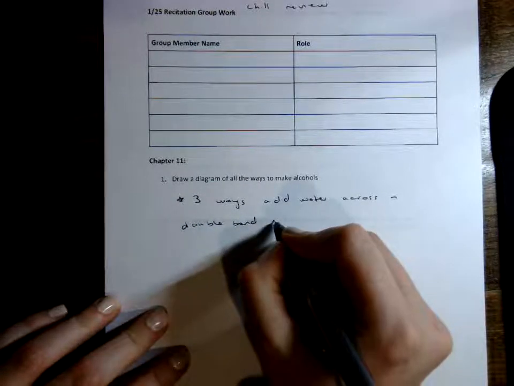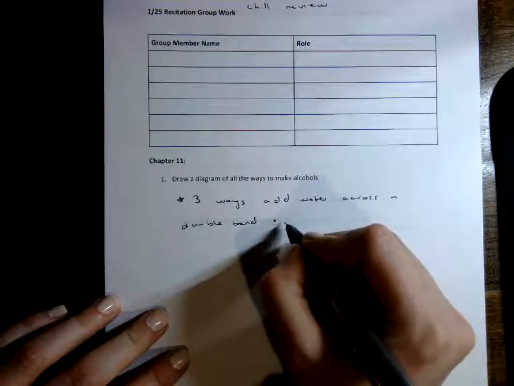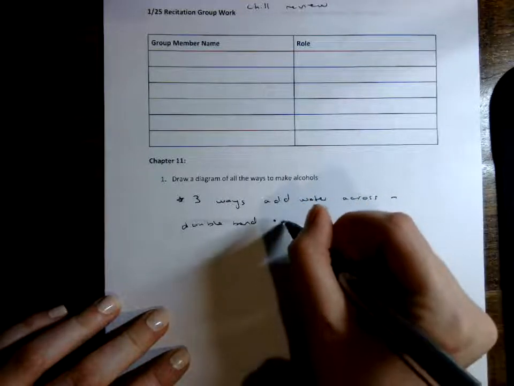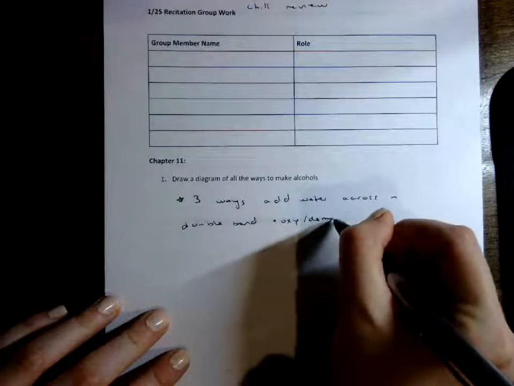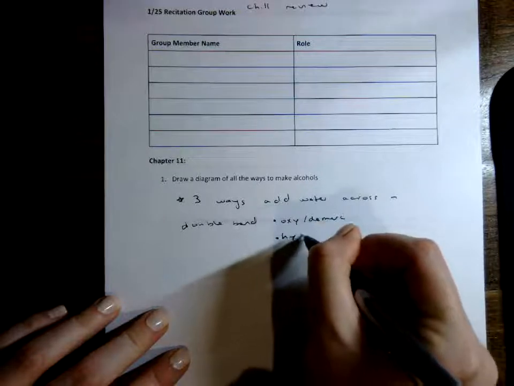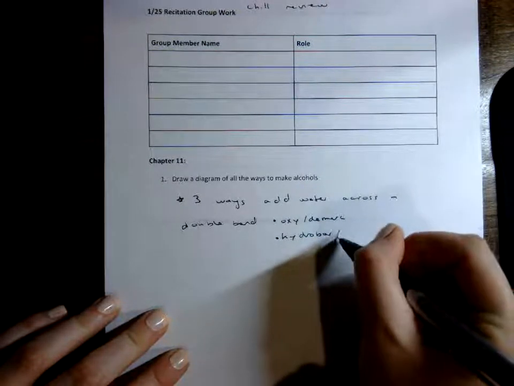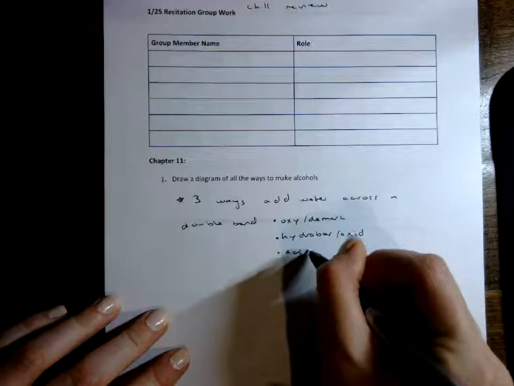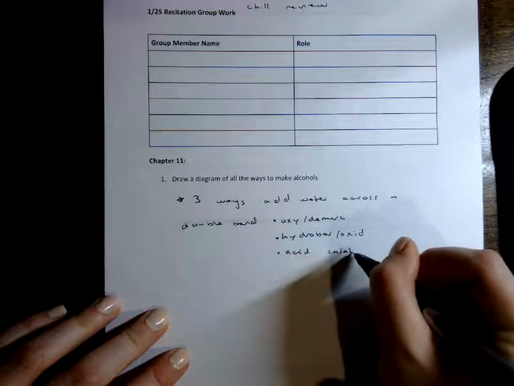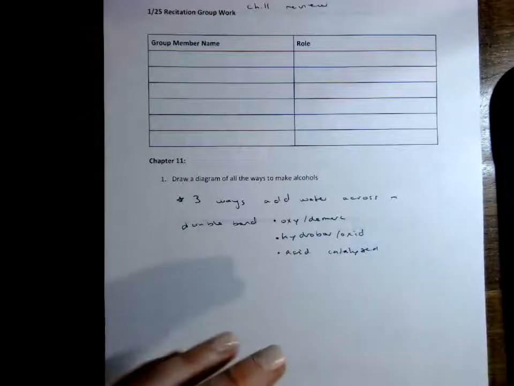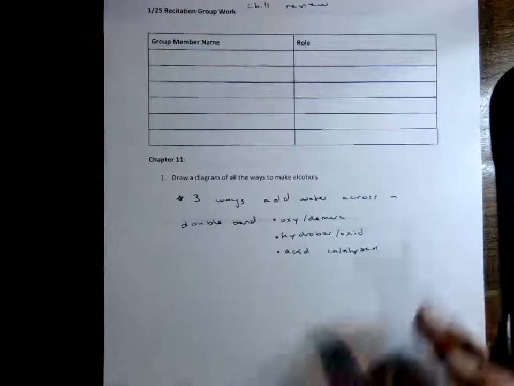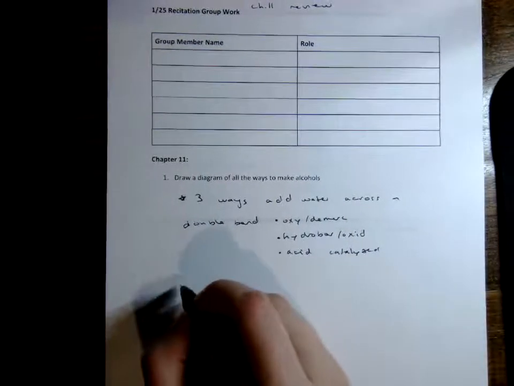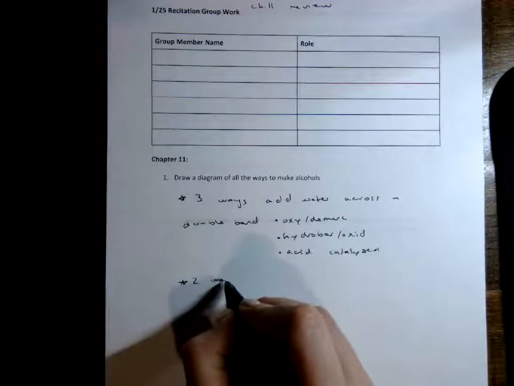So that would be the oxymercuration, demercuration, the hydroboration, oxidation, and the acid catalyzed. So you start with a double bond and you do an addition reaction to add H on one side and OH on the other. There's also 2 ways to make diols.